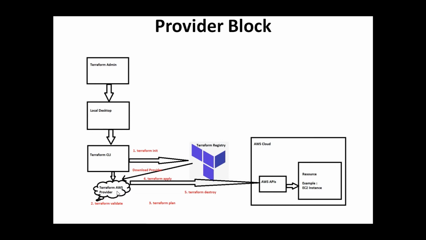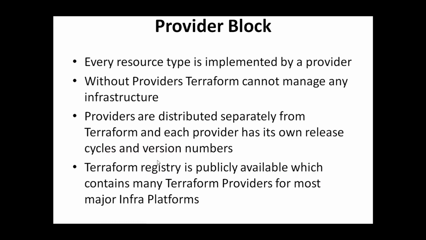So between Terraform CLI, which is nothing but terraform.exe, and also the respective cloud provider or the remote system, the intermediate connection is the Terraform provider. So every resource type is implemented by a provider.